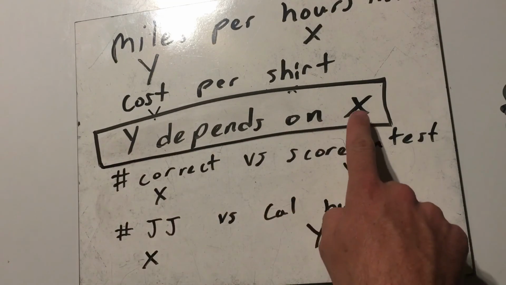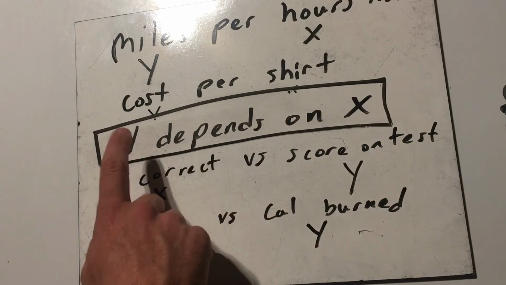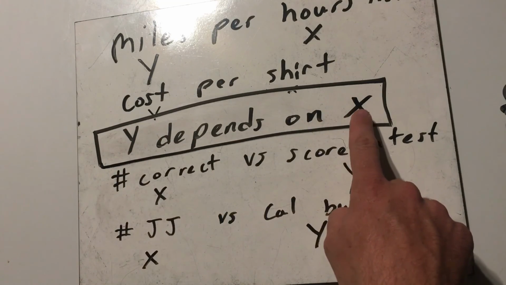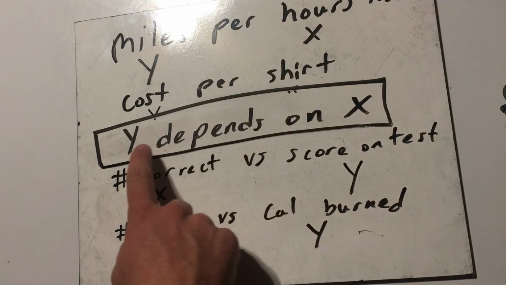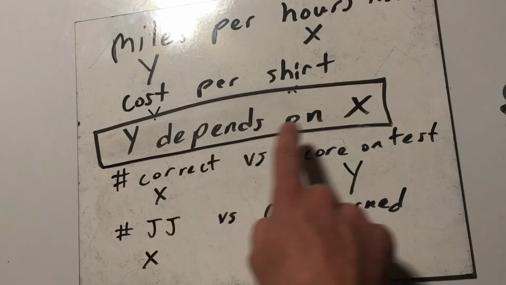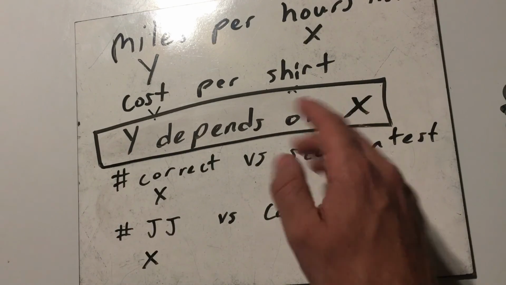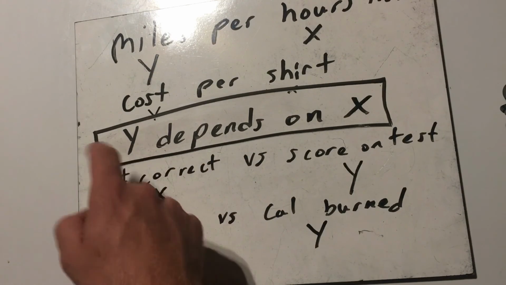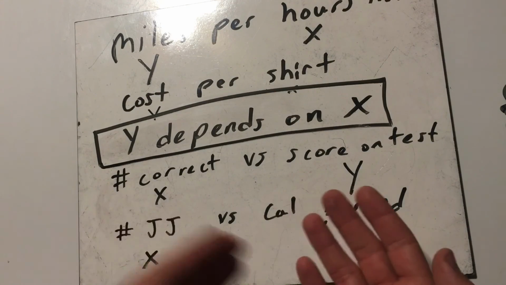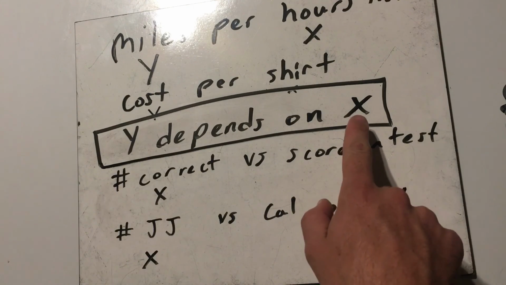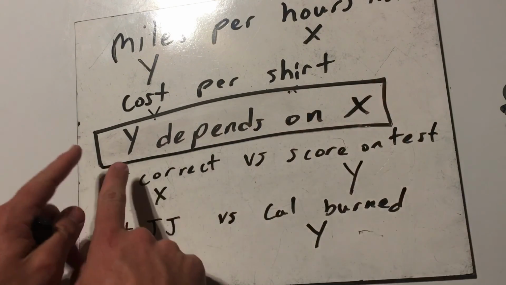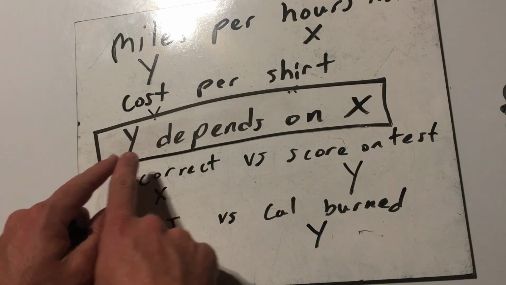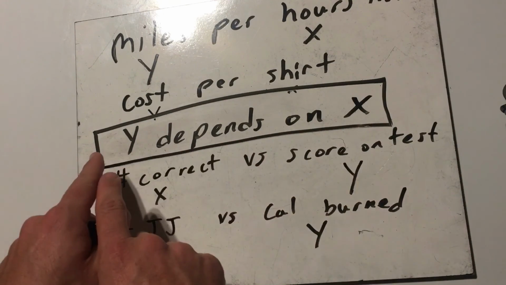You have to pick the number of shirts to get the total cost. You have to get a number of correct responses to then get your final score. You have to input your number of jumping jacks or your number of miles run to then know your amount of calories burned. What is your independent variable, your X, versus your dependent variable, Y? Push the button, get the response.